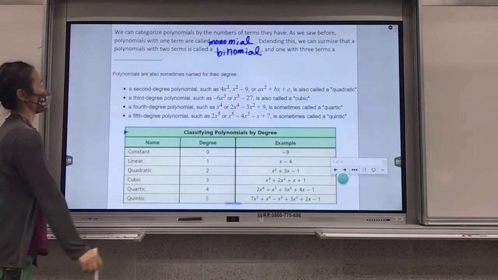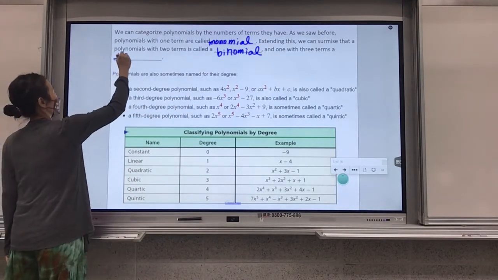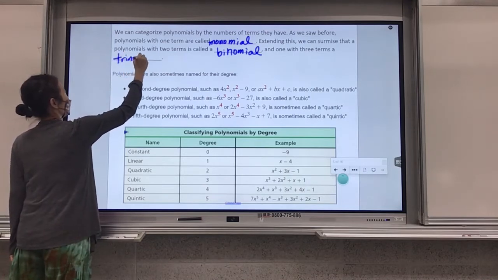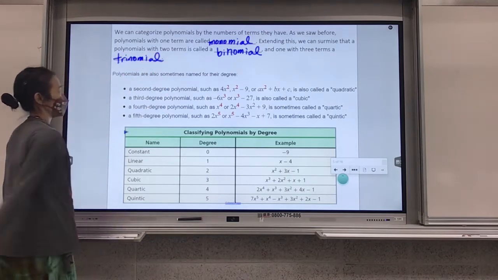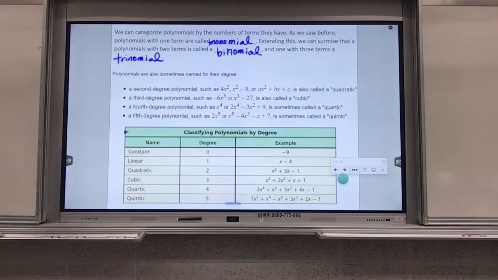With three terms, it is a trinomial. Anything greater than that is a polynomial.